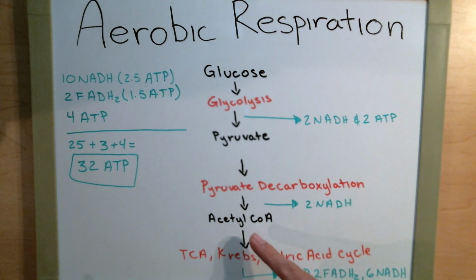The acetyl-CoA will then enter the Krebs cycle, which yields 2 ATPs, 2 FADH2s, and 6 NADHs. The NADH molecules and the FADH2 molecules will then go through the electron transport chain, which converts those high energy yielding molecules into ATP.